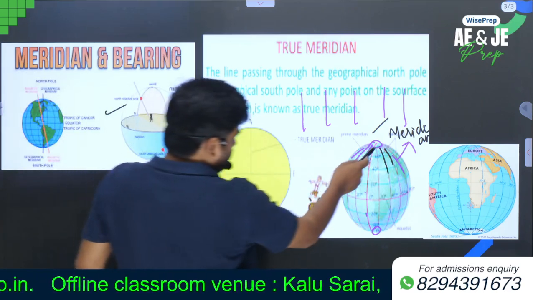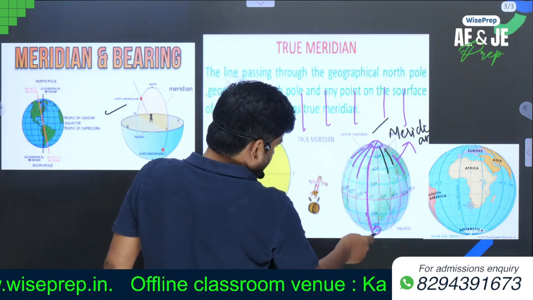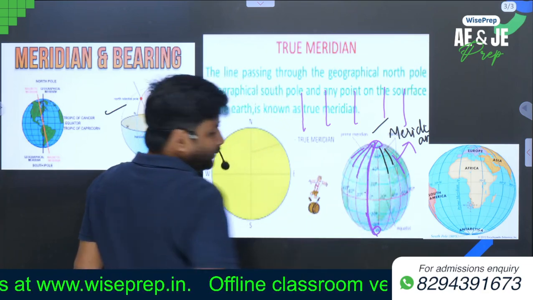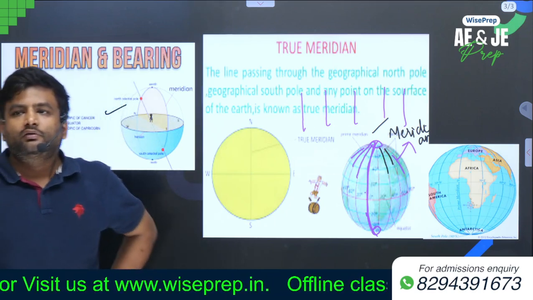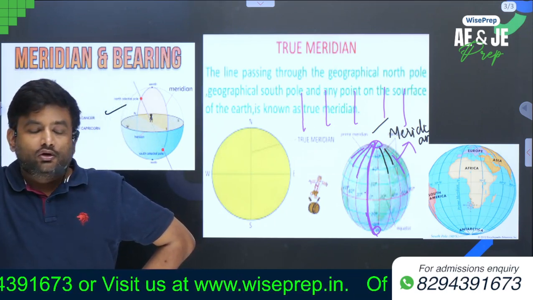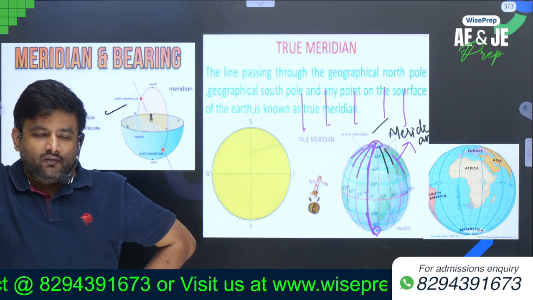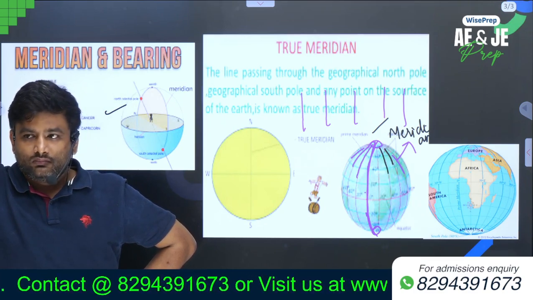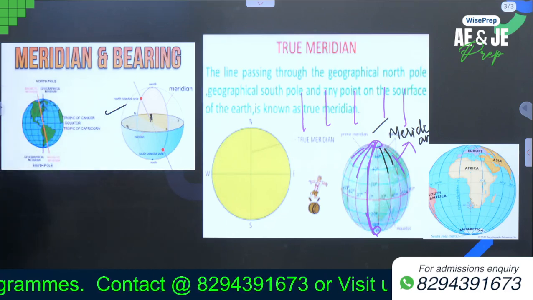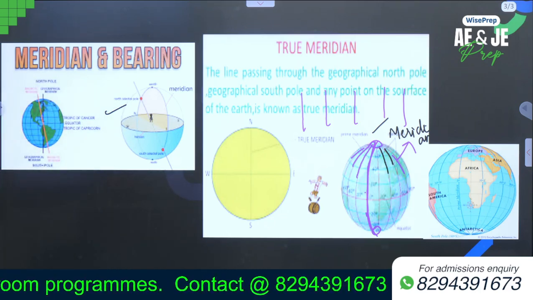And this center one is the prime meridian. Write this note: true meridians always converge at the poles.